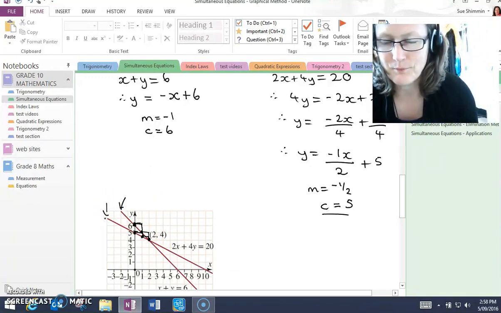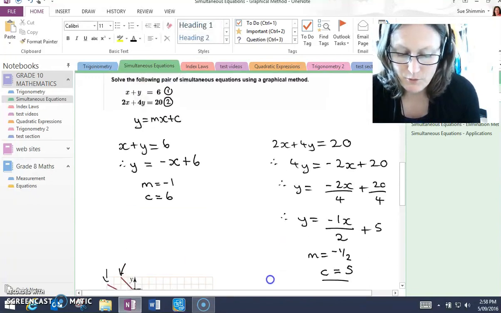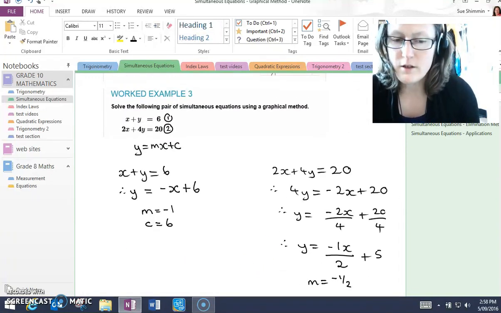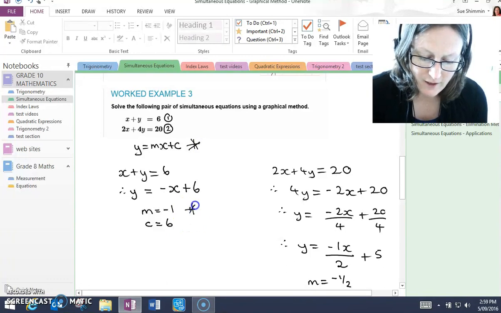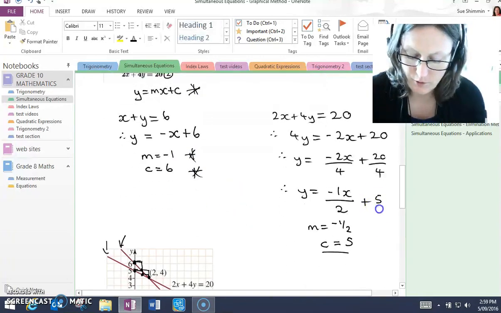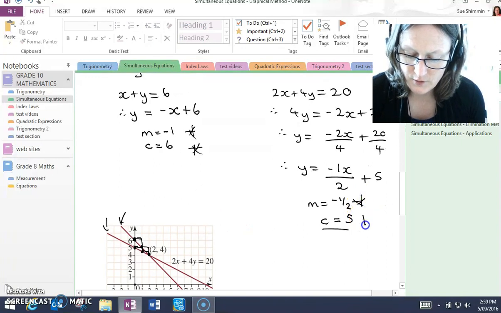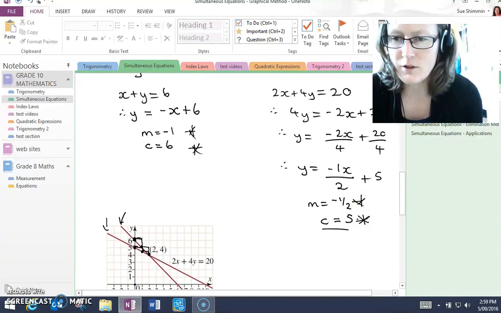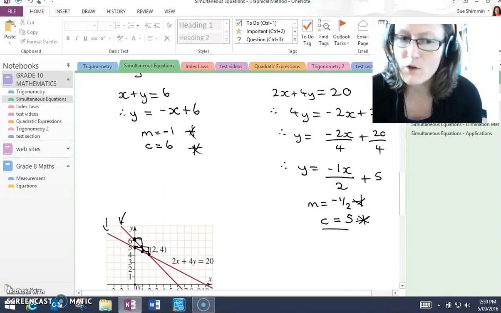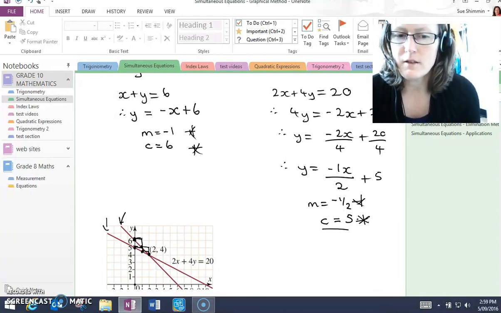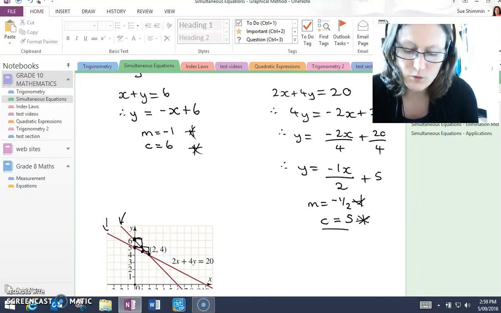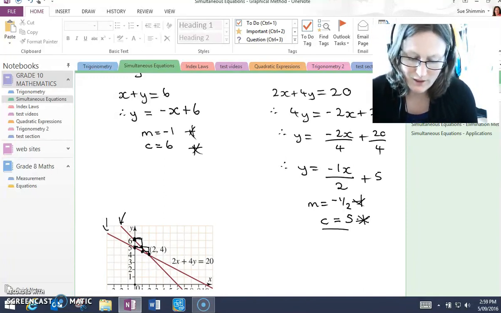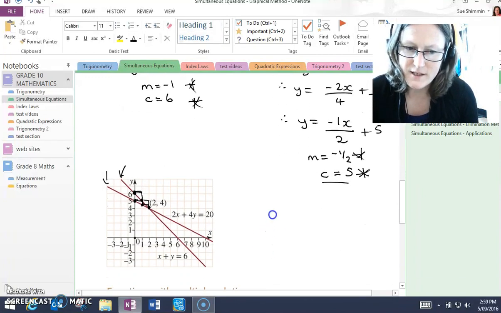There's our second line. So for this worked example 3, we had to rearrange the equations into y equals mx plus c form, work out our gradient and our y-intercept for both of these equations. Sketch using the gradient-intercept form, so you mark on the intercept, then go across one, down one, whatever the gradient is, mark that on, draw your lines. The solution is where these two lines intersect.